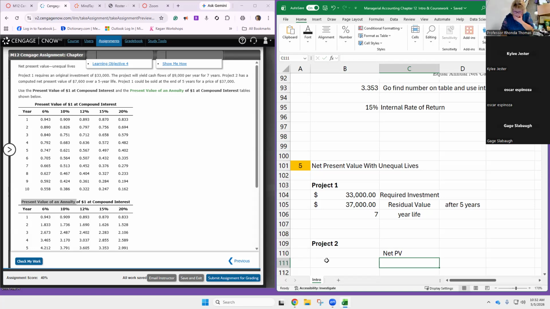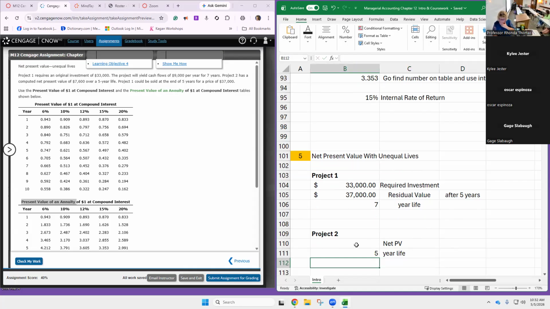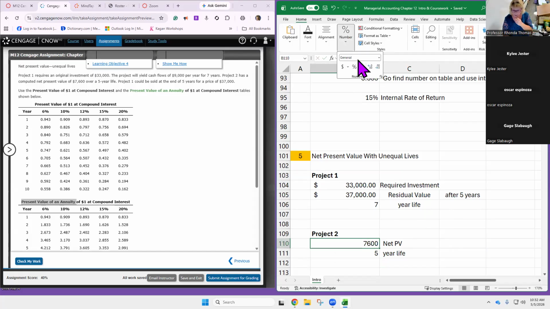And it's a 5-year life. So they've already figured this one. We just need to do the math for the top one and see how it compares to project 2.